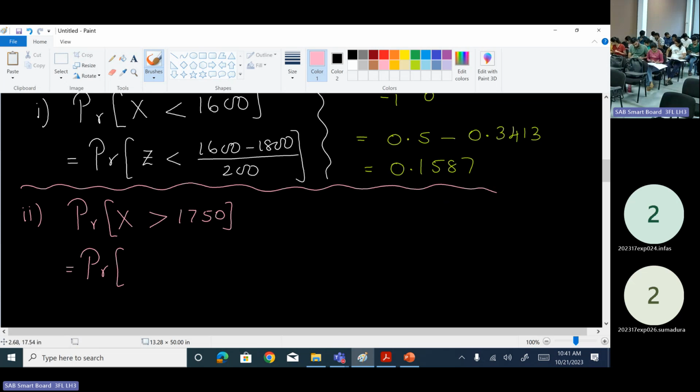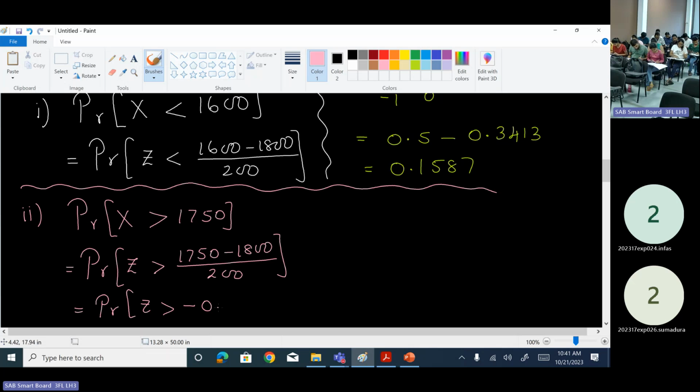General normal, so we have to transfer this to standard normal: 1,750 minus 1,800. When you simplify, the probability is Z greater than -50 divided by 200, so it is -0.25.